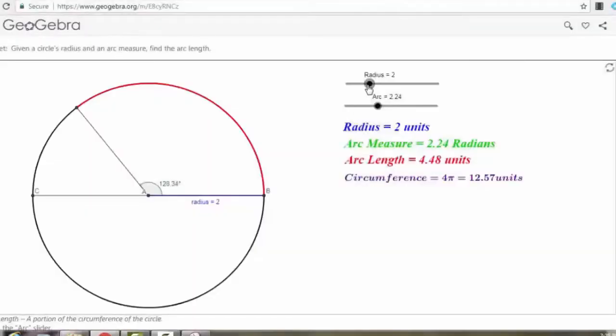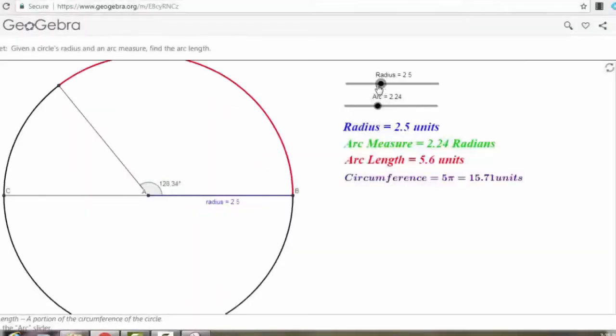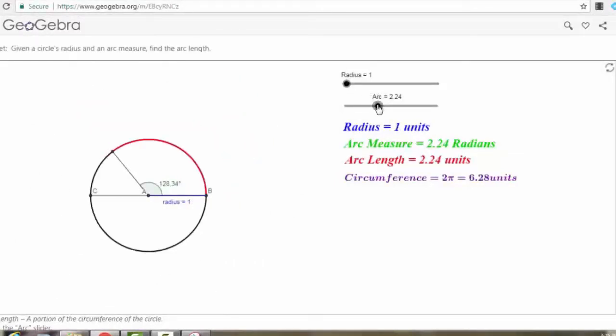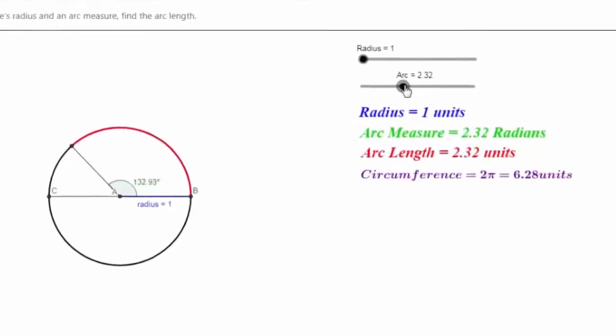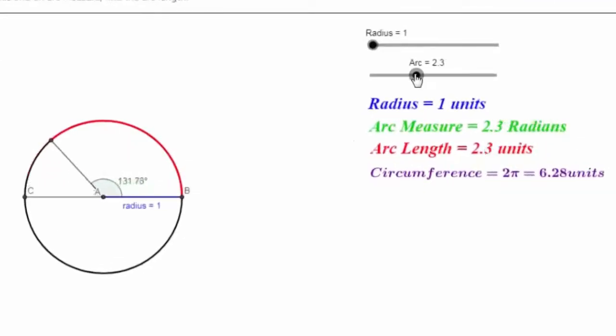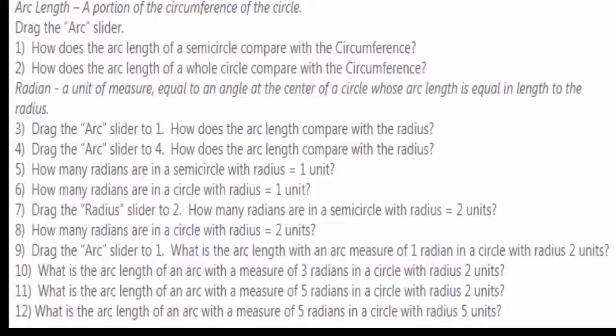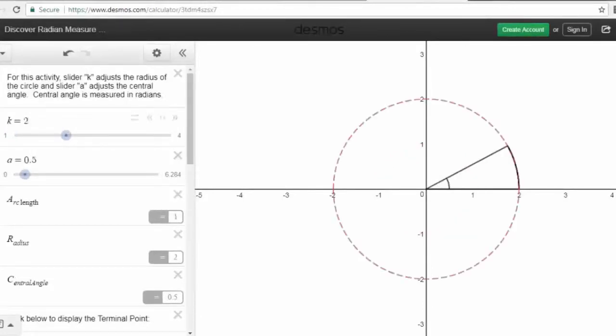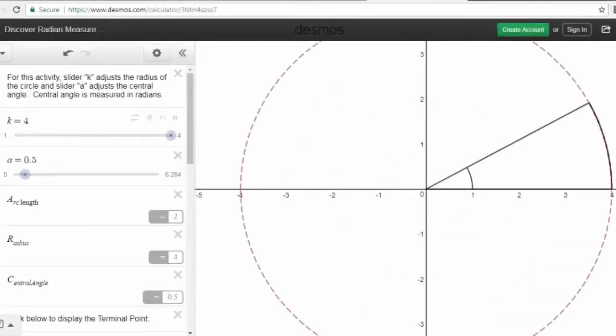Students can also explore the radian measure through the use of technology. The GeoGebra applet featured on this screen allows students to manipulate the radius of the circle and explore that relationship with the arc that is created. Students are asked guiding questions to help establish the relationship. Students may also discover the radian measurement through the Desmos activity also featured on this slide.